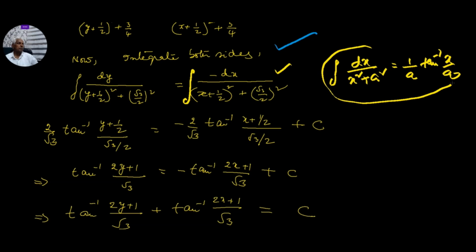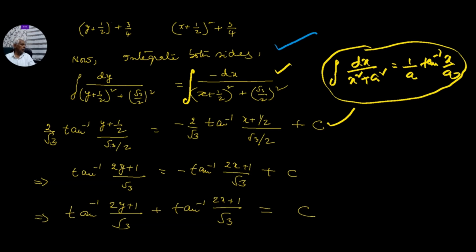This formula we apply here. Instead of a, we have root 3 by 2. So 1 by a is 2 by root 3, tan inverse of (y plus half) by (root 3 by 2), equal to, similarly this side, minus of 2 by root 3, tan inverse of (x plus half) by (root 3 by 2), plus some constant.